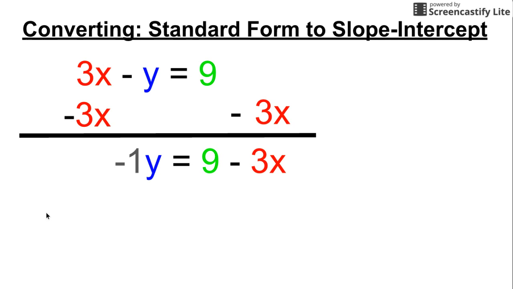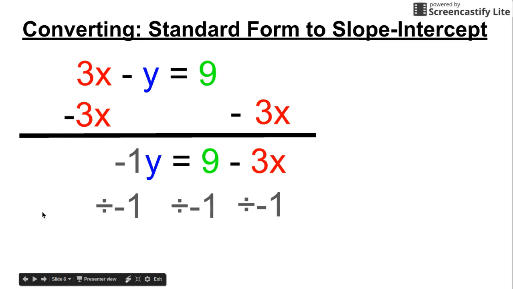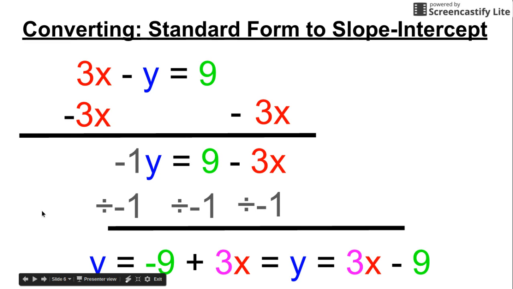We're going to divide everything by negative 1, which gives me y equals negative 9 plus 3x. Negative 3 divided by negative 1 is a positive 3. So if we rearrange to get in slope-intercept form, you end up with y equals 3x minus 9.